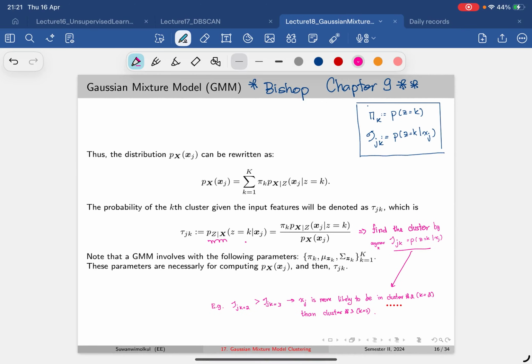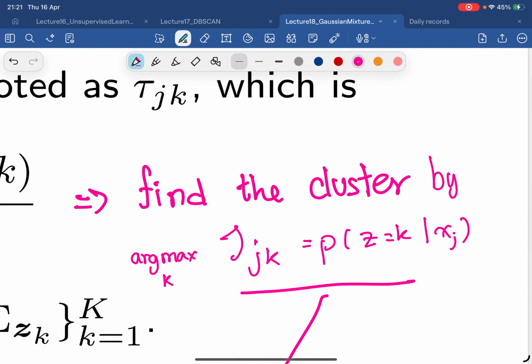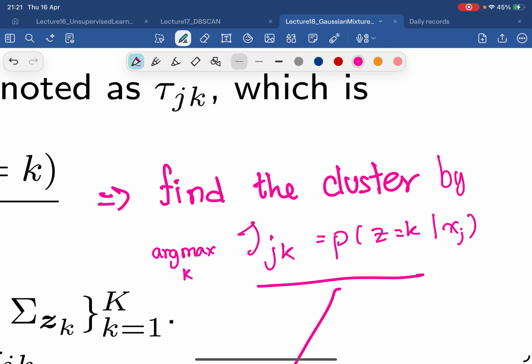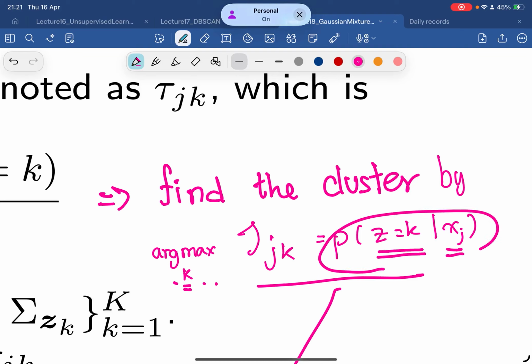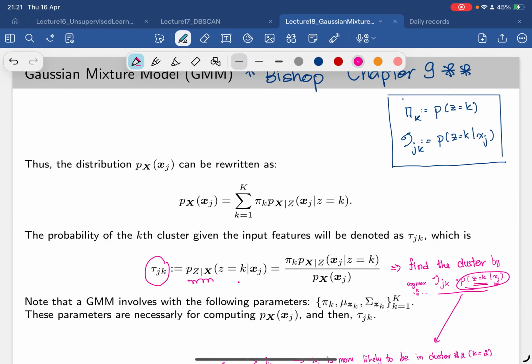In this slide, we will denote it as tau_jk. In other words, if we want to find the cluster, we will solve the argmax over k, that is, sorting all the possible clusters, that maximizes the probability of z equal to cluster k given x_j. So x_j is given, but you try to find which conditional probability will give you the highest value, and if that particular cluster k gives you the highest value, that means x should belong to that particular cluster. Okay, so that is what is meant.